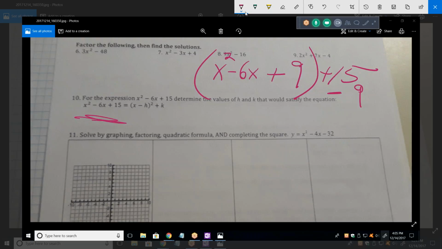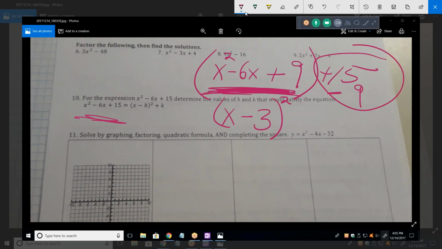Okay. And the fact that I completed the square now allows me to write that as some x minus h squared. What is that? So it's x plus or minus 3 squared.